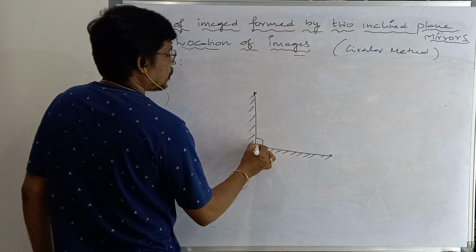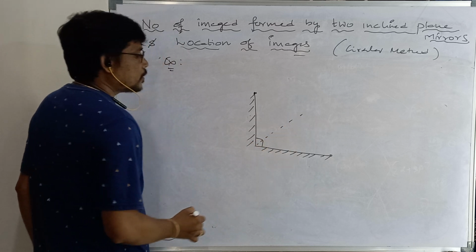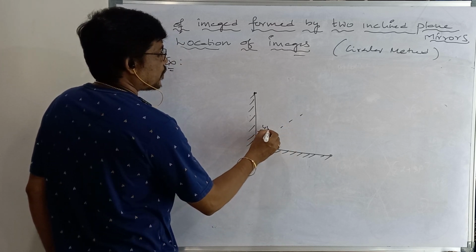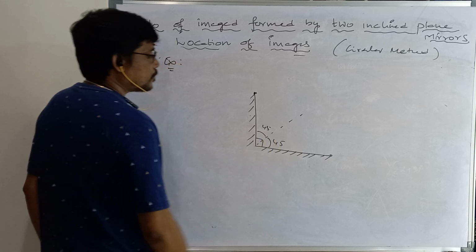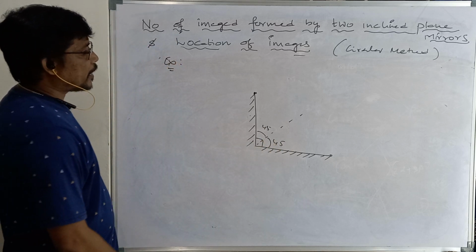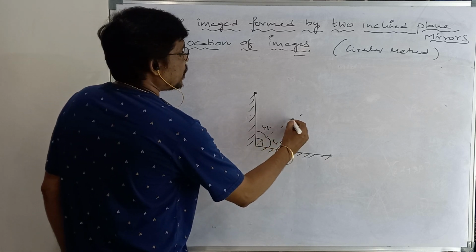So this is 90. The object is placed symmetrically, that is, this is 45 and this is 45. So as usual, the object is placed here.